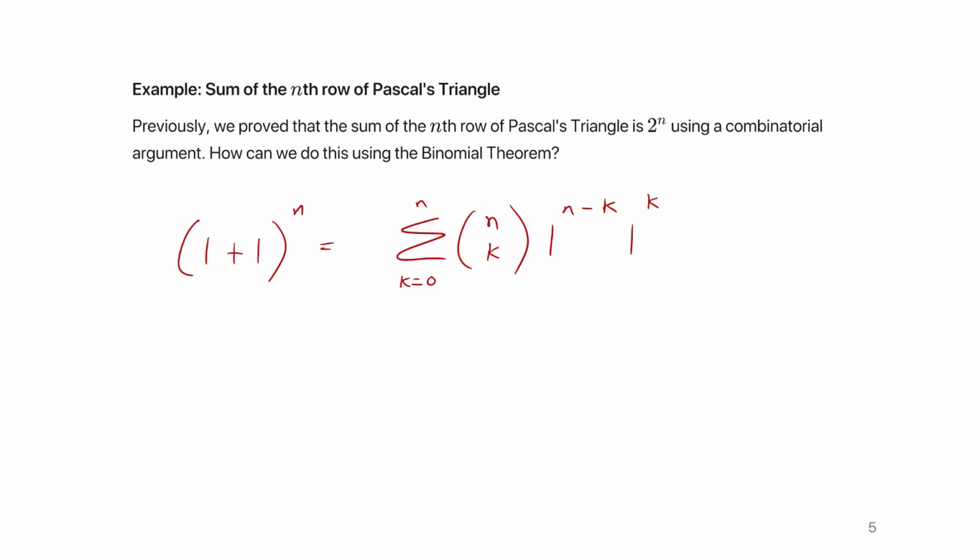Well, 1 to the n minus k and 1 to the k are both just 1, so this really boils down to just the sum of these terms. And this, of course, on the left is 2 to the n, and we're done, basically. Okay, so we proved this exact statement both using a combinatorial argument. Remember, we said both sides of the equation count the number of subsets of a set of size n. We can also do it using the binomial theorem.